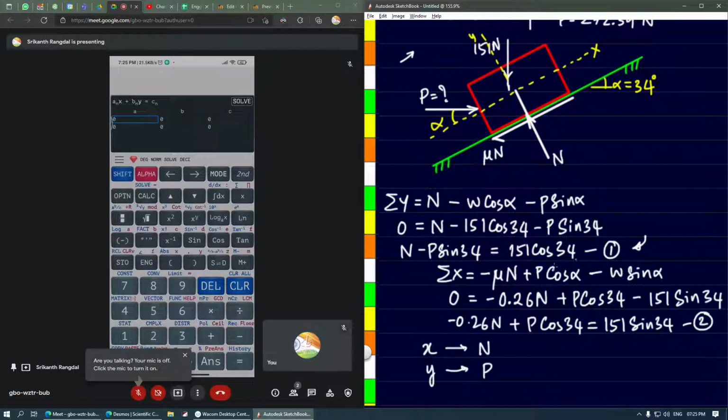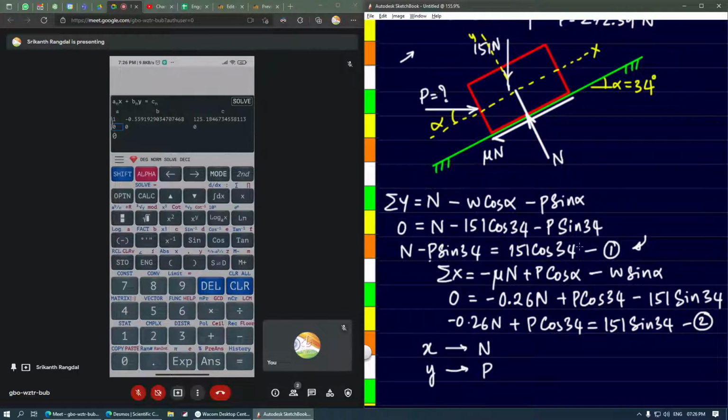Now we'll have to feed the coefficients of x, y, and the constant. So in the first equation here, coefficient of n, that is considered as x, that is 1. Coefficient of y, y for us here is p, so that coefficient is minus sine 34. So minus sine 34 is equal to record the value, and then the constant on the other side is 151 into cos 34.